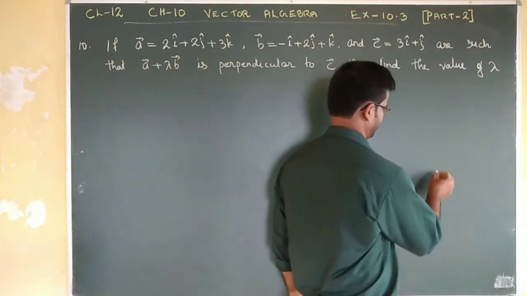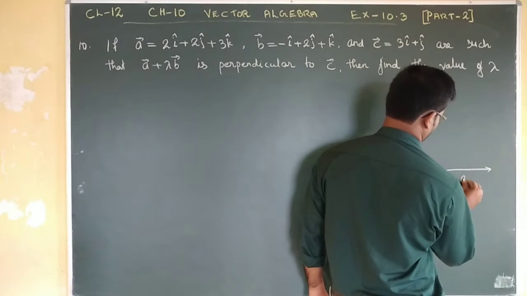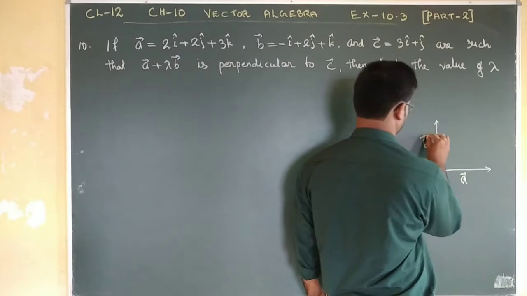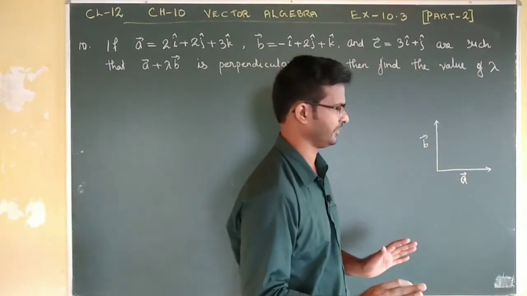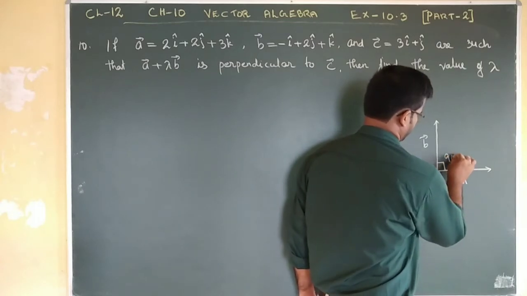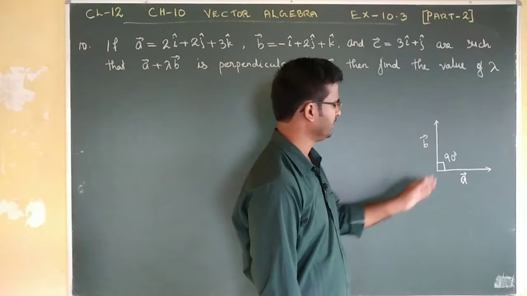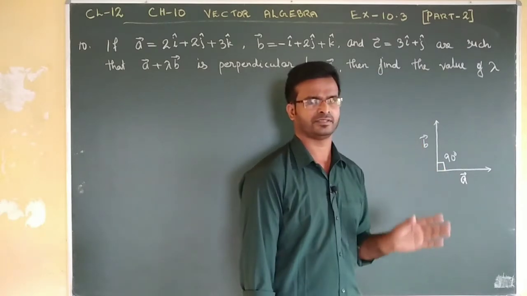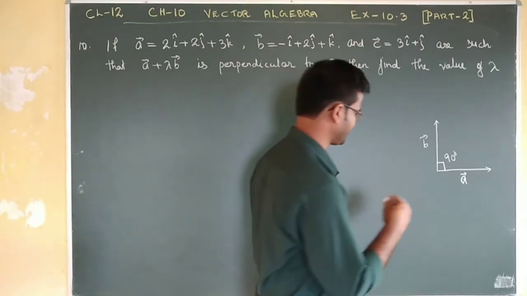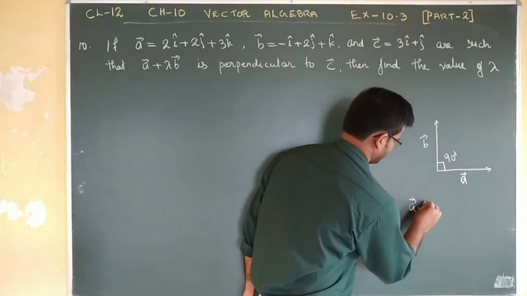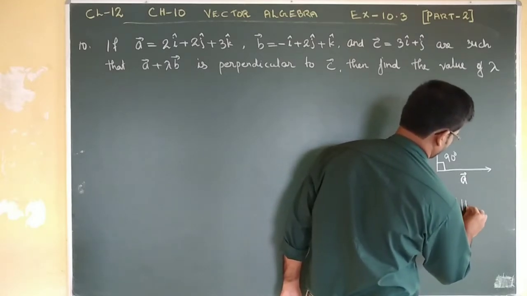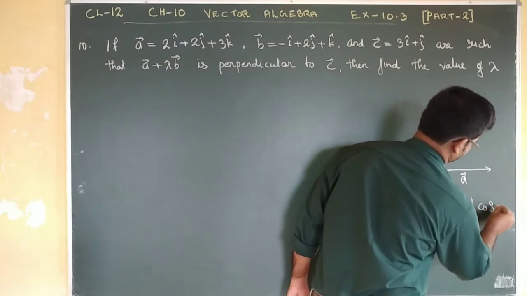If you consider any two vectors, one a vector, another b vector, any two non-zero vectors, and the angle between both vectors is 90 degree, then we can say a vector and b vector are perpendicular to each other, isn't it? When you study scalar product, what is scalar product? A vector dot b vector equal to magnitude of a vector into magnitude of b vector cos theta.